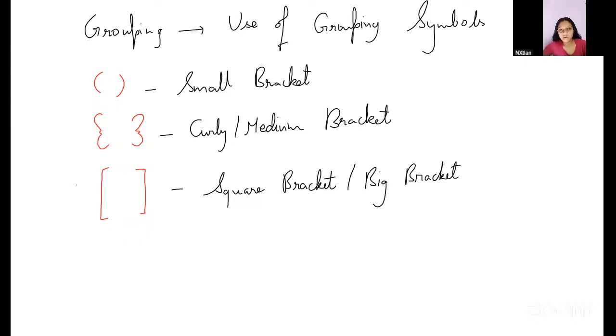So these are the brackets that we use while solving the questions. Now the left side of the bracket means the beginning side, and the right side means its end. And what's the sequence of using them?